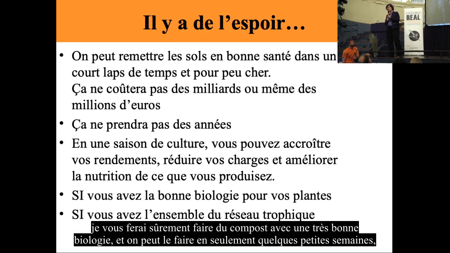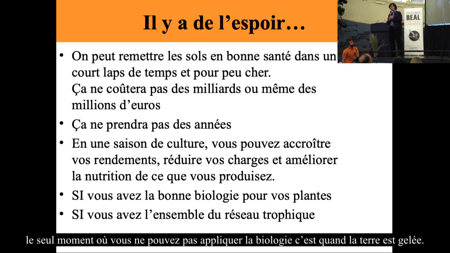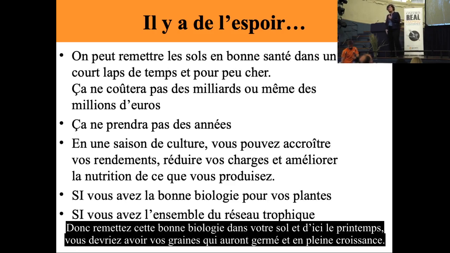I would probably want you to start making compost with really good biology in it, and in just a few short weeks we can make that compost and start getting it out on your soils, especially here where you don't have freezing weather. The only time you can't put biology out is when the ground's actually frozen. So get this proper biology back into your soil, and come next spring, we should be able to get all of those seeds germinated and growing.